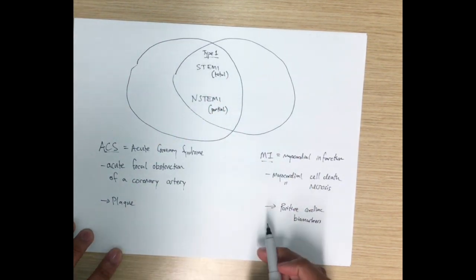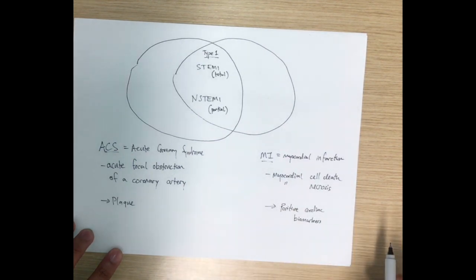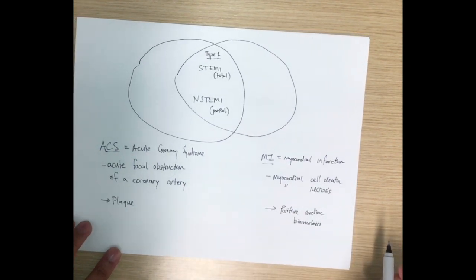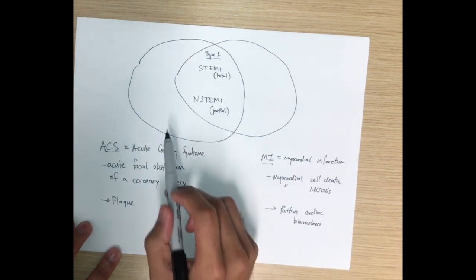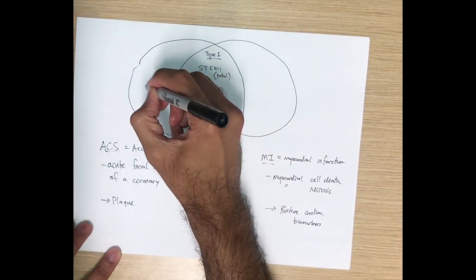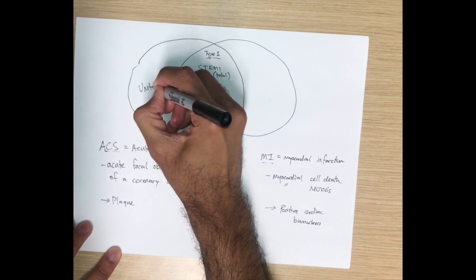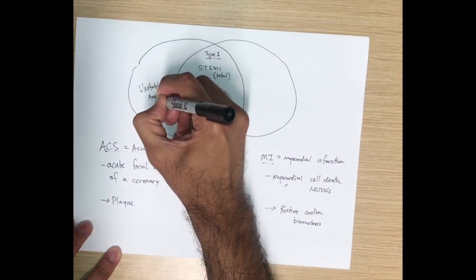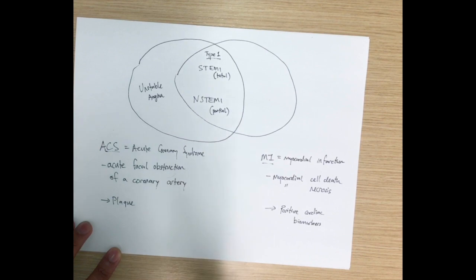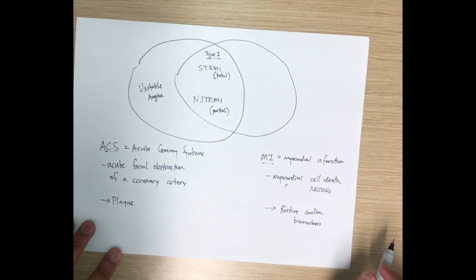Now, to fill in this schematic, there are things that are ACS and not MIs, and the condition that lives over here is unstable angina. So unstable angina is a true ACS event with usually plaque rupture and obstruction of flow through an artery, but the amount of flow that is able to get through is enough to keep the tissue alive.